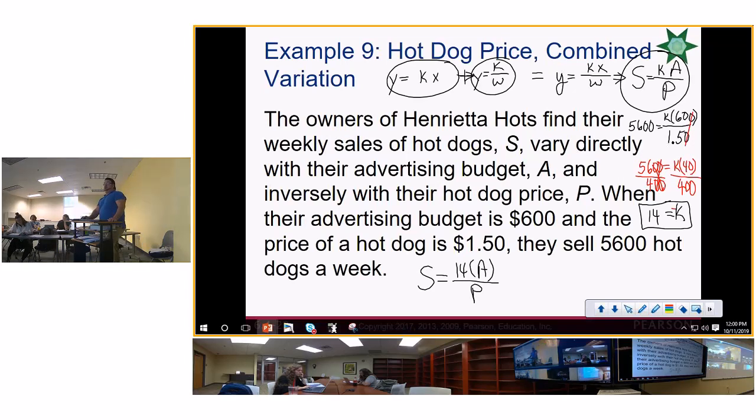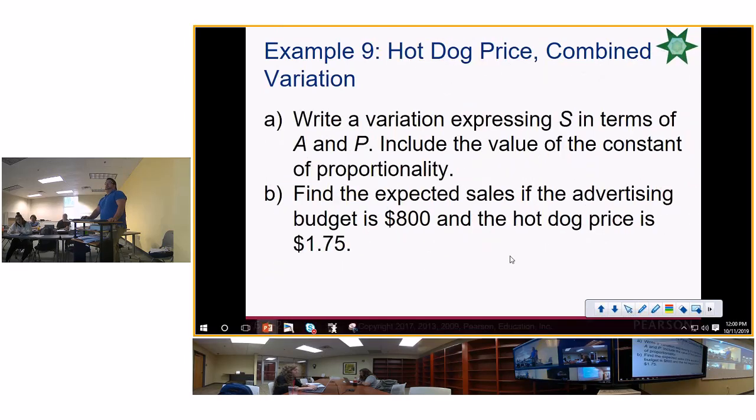So let's see what they get. Okay, here we go. We just did that. Now, find the expected sales if the advertising budget is 800 and the price is 175. So let's do that.